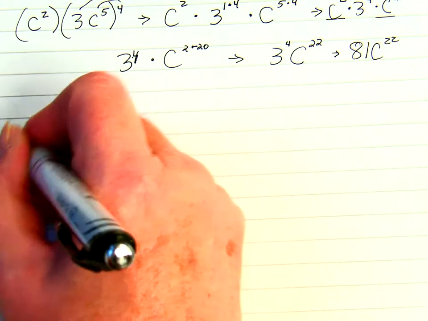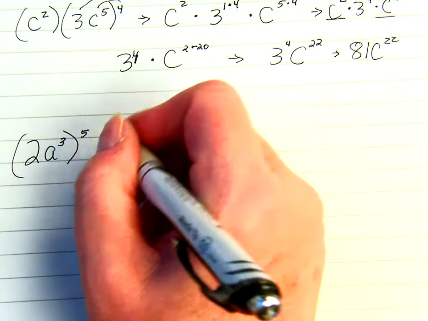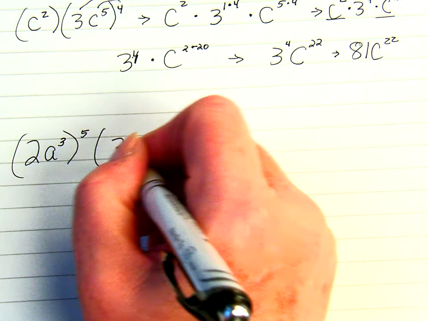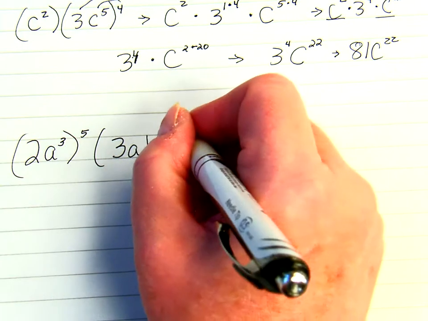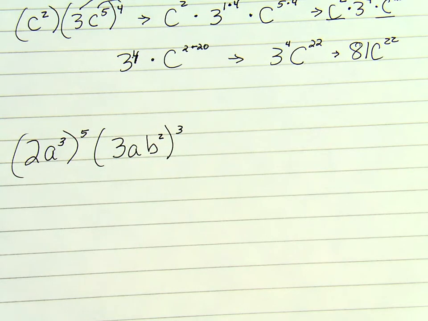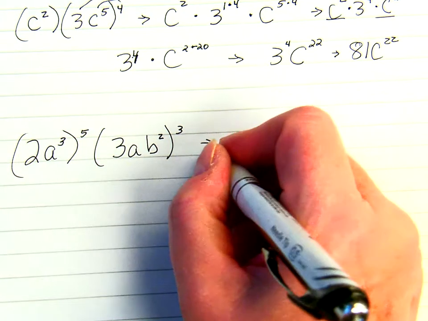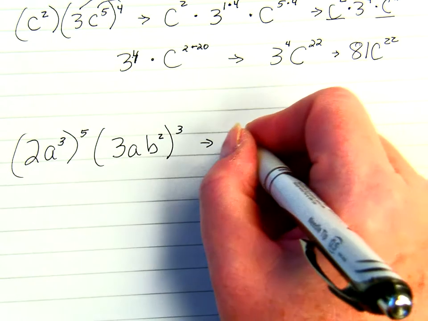2a cubed to the 5th, and that's times 3ab squared cubed. Okay, so the first thing I do is I'm going to assign everybody to where they need to go. So I've got 2 to the 5th.